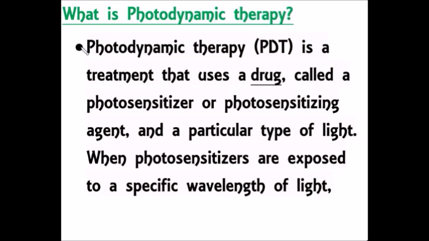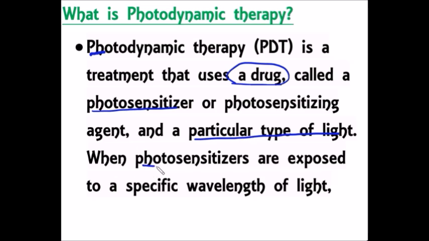Now let's come back to the definition of photodynamic therapy. You should use the proper words while defining any topic. Photodynamic therapy uses a drug or chemical, also called a photosensitizer, and a particular type of light or wavelength that you already know.